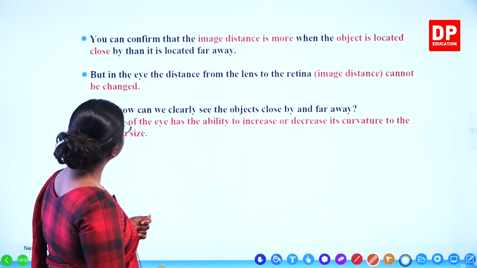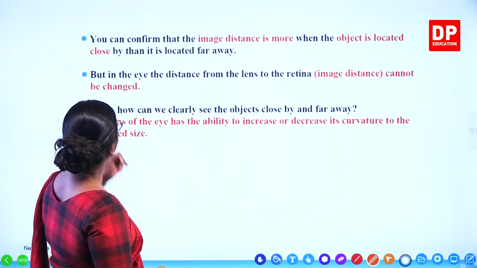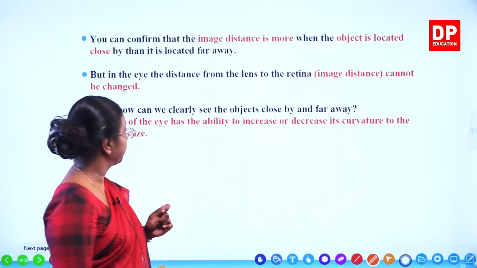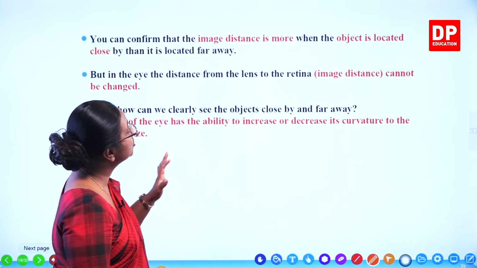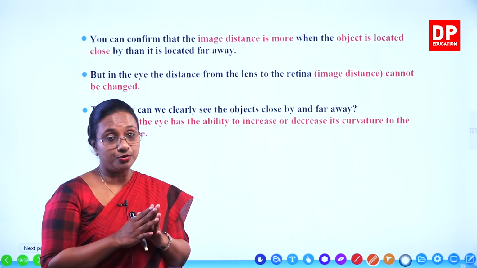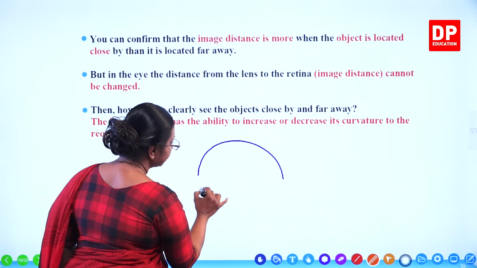So you can confirm that the image distance is more when the object is located close by than when it is located far away. But in the eye, the distance from the lens to the retina cannot be changed. That you all know. So here we have the eyeball like this.